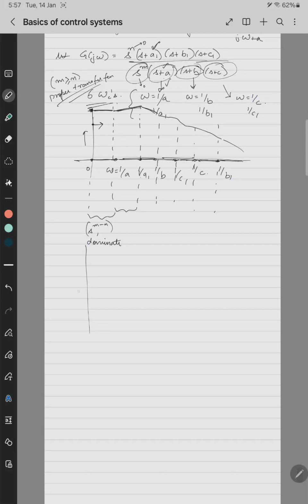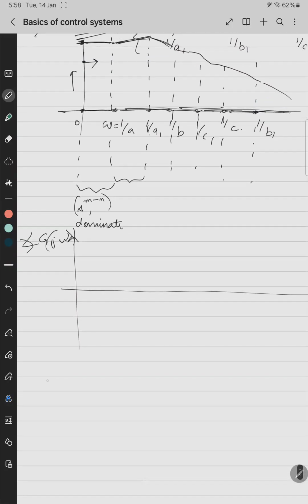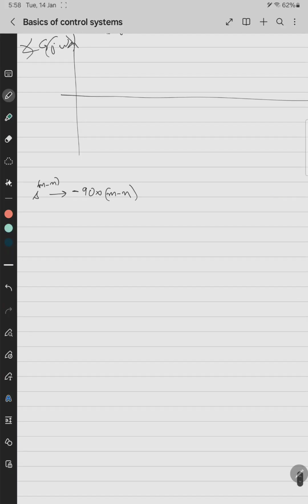Similarly for a phase plot, angle of G(j omega), you have to see how many are this. So for s to the power m minus n terms, it will be minus 90 into m minus n. I'll tell you what this is.